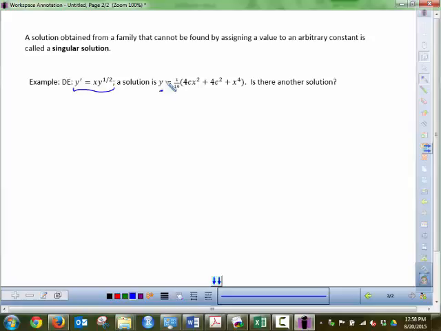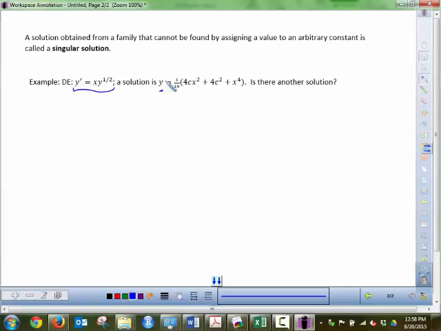So the question is, is there another solution for this? Remember that other solution, the trivial solution?